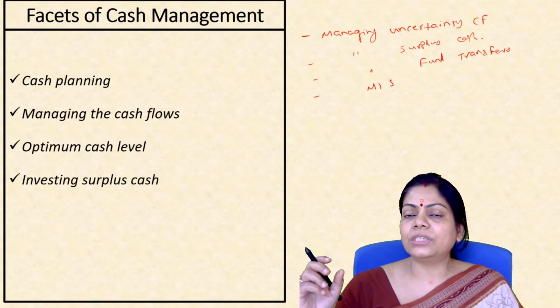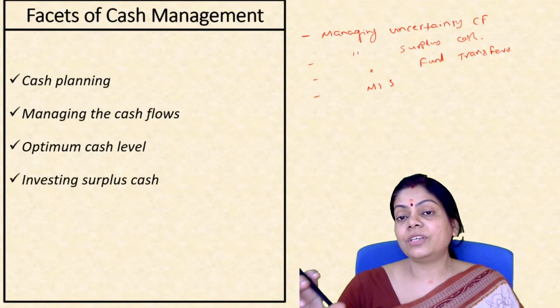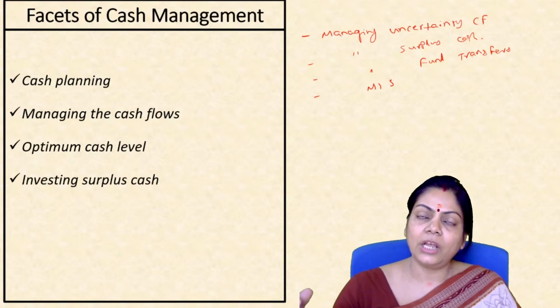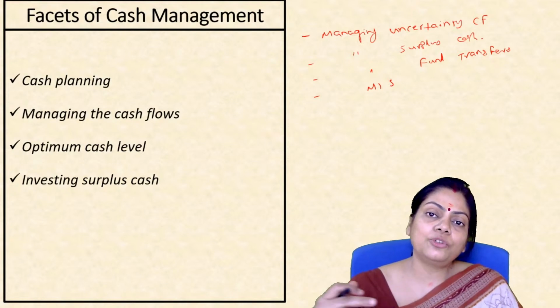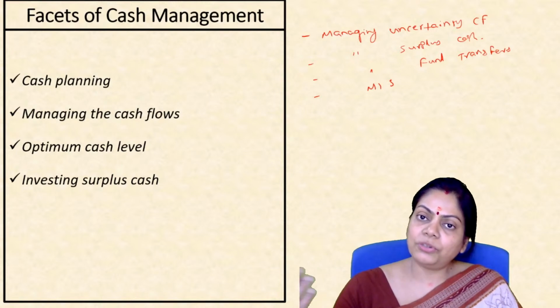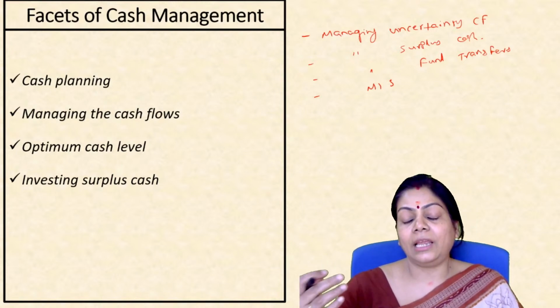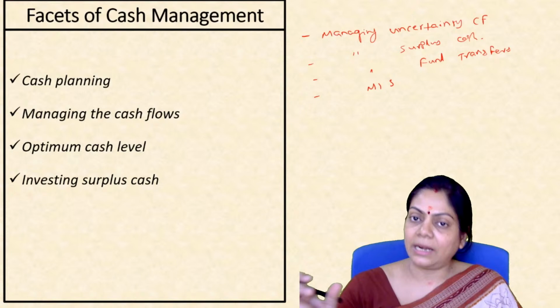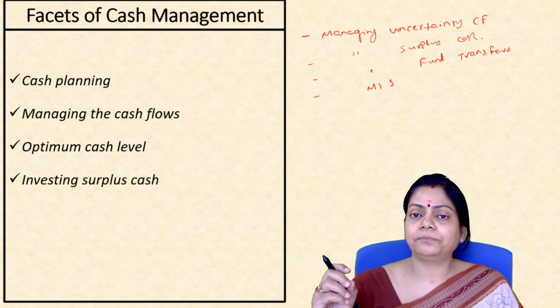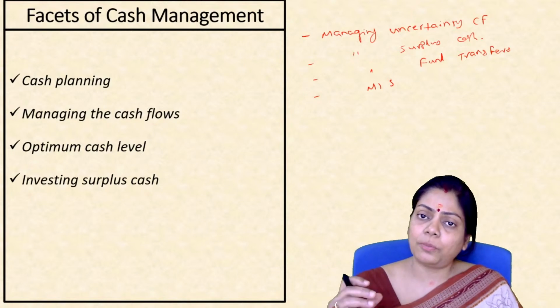So what I can do is invest that surplus cash for 3 months and generate some rate of return on that, or use the surplus cash to repay a part of the short-term loan which is outstanding, so that I save myself the interest burden. That I can do with surplus cash. So there are several things that I can do with the surplus cash.